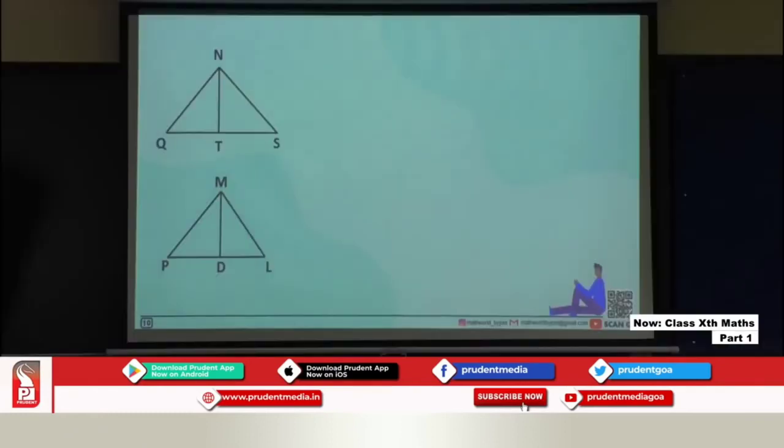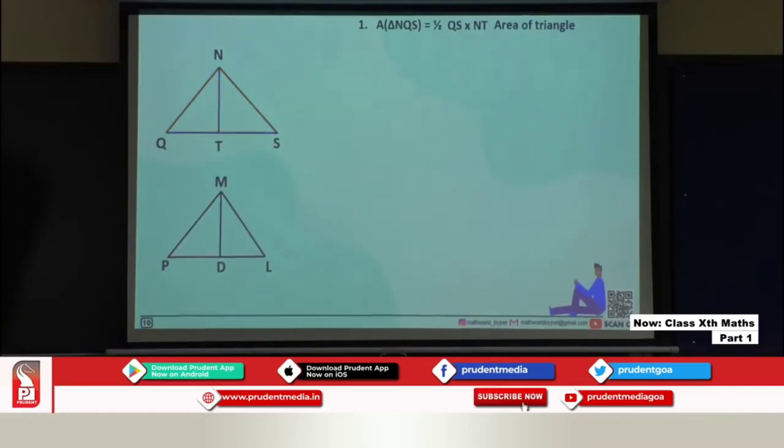Okay, so the same figure is redone again, and now the area of this triangle NQS can be written as half base into height. I'm sure everyone will be able to understand this. Base is QS and height is NT, half base into height, right? So let us write that in the statement. First thing that we have to write is area of triangle NQS is nothing but half QS into NT, and reason would be area of triangle.